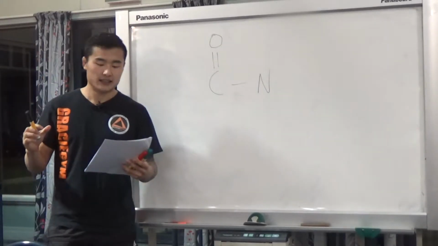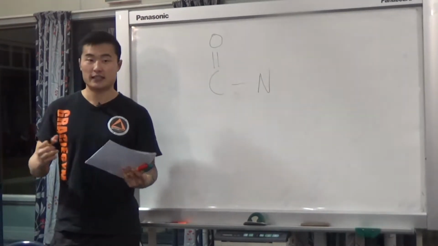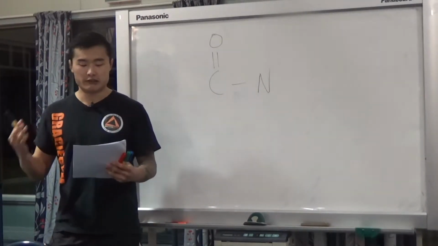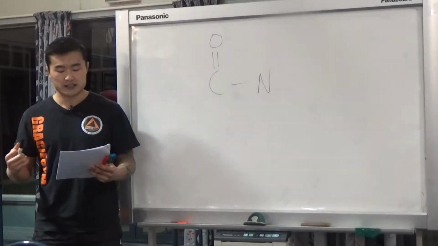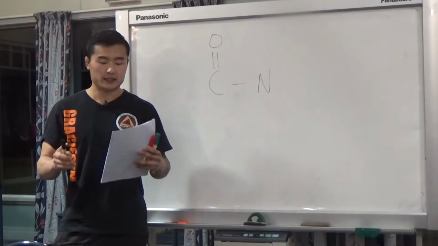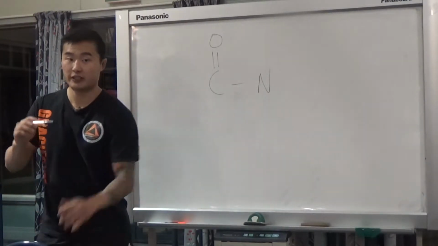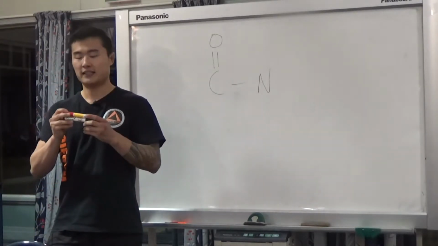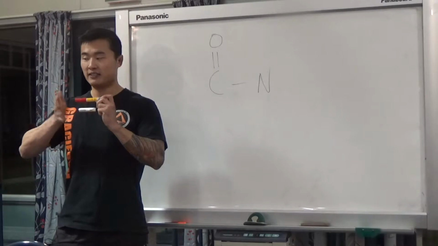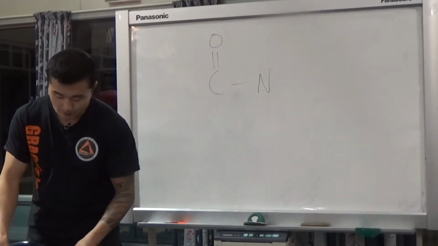So if you think about it, a single bond would be easy to break, but if you have a double bond, there's two bonds, so you're going to require more energy to break that. And it's also going to be rigid, okay? Because if you had one bond, you could have free rotation, right? But if you have two bonds, then that's going to limit the amount of rotation that can occur if you have a double bond character.